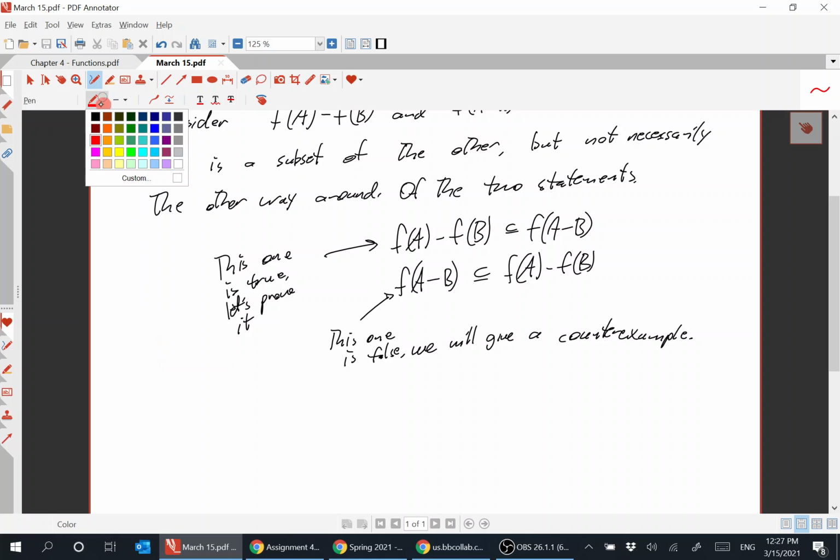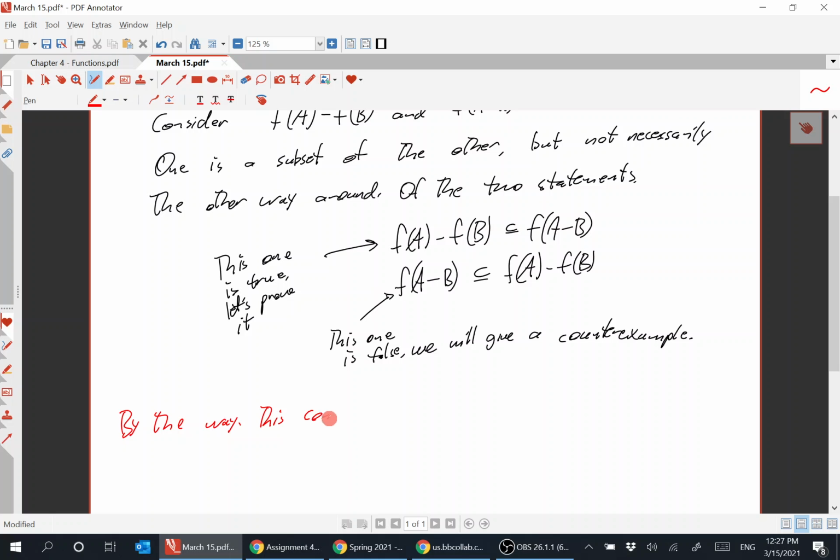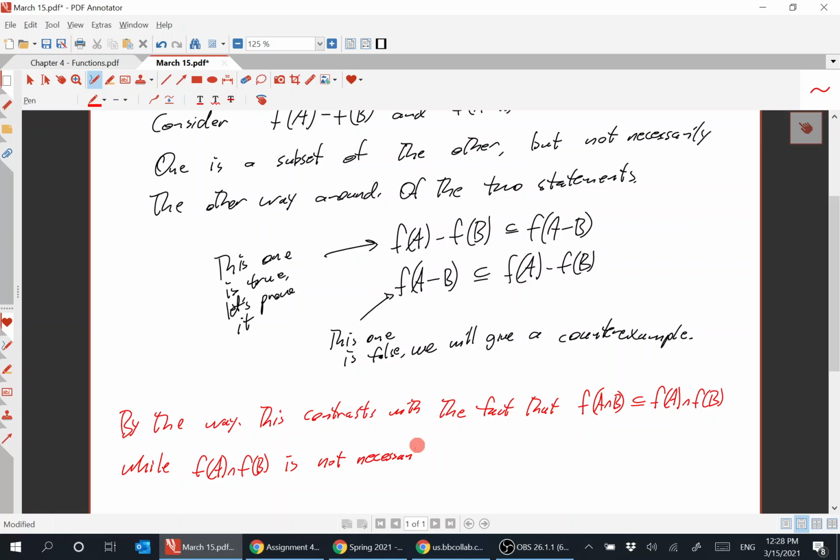So, by the way, this contrasts with the fact that it was the other way around: f of A intersect B was a subset of f of A intersect f of B, while f of A intersect f of B is not necessarily a subset of f of A intersect B. Was that right?